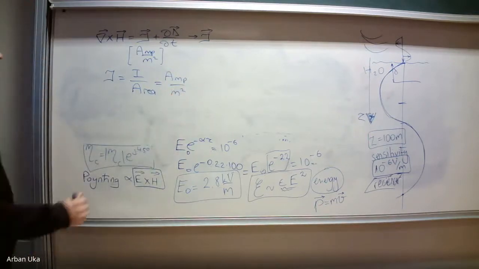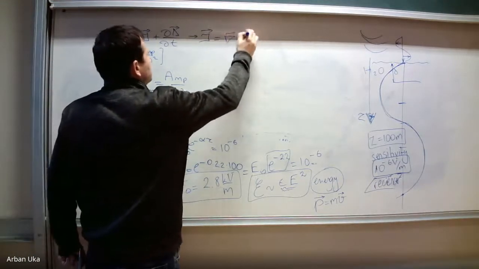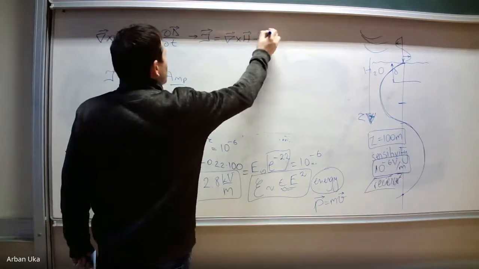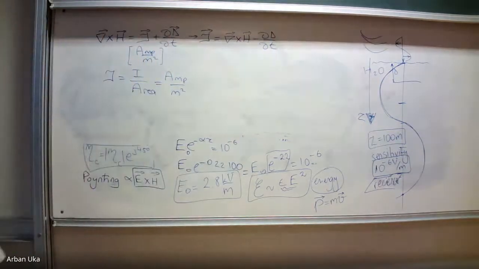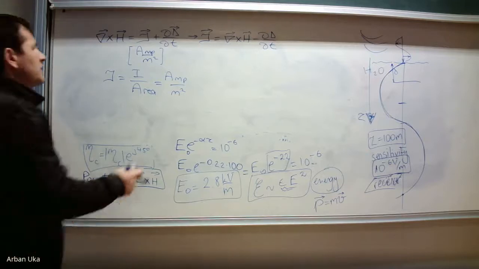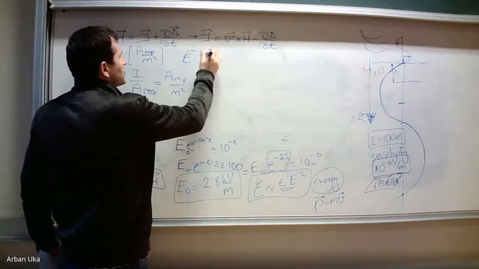So J is equal to the curl of H minus delta D over delta T. So this was the current density. Then from here we can take the dot product of all of these terms with E.